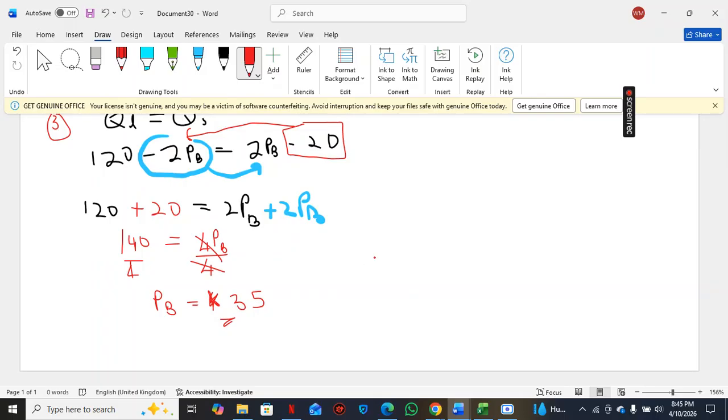The suppliers, so remember PS equals PB minus 10. So the price the buyers pay, 35 kwacha minus 10 kwacha, you get 25 kwacha. So the suppliers are receiving 25 kwacha.